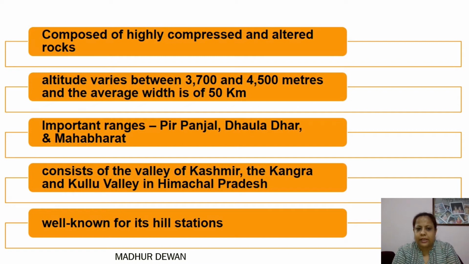The height here is between 3,700 to 4,500 meters and the width is about 50 kilometers. The important ranges of this consist of Pir Panjal, Dauladhar and Mahabharat. It also consists of valleys, the valley of Kashmir, the Kangra, the Kullu valley in Himachal Pradesh. So this is well known for its hill stations.